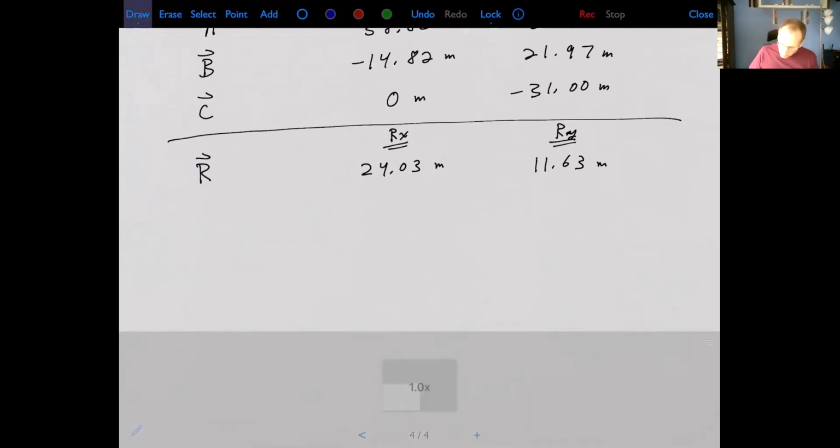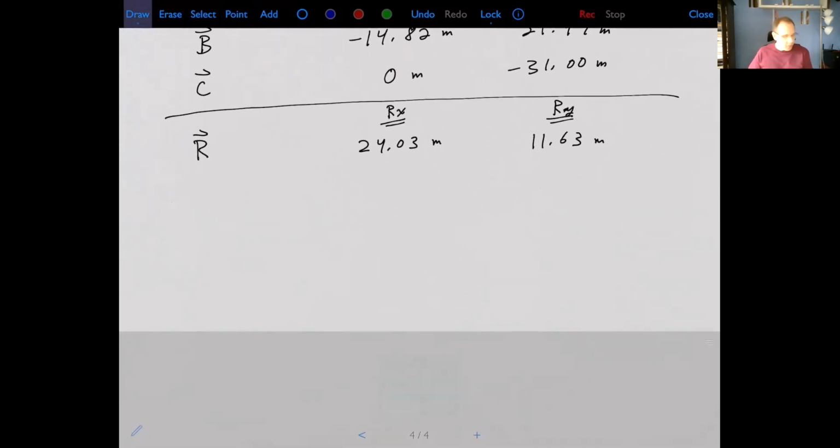Okay. Now, ultimately, so we have our resultant vector and it's in terms of its components, right? Ultimately, what we might want to do is find the magnitude and direction of that resultant vector. So what I do now is I usually draw out the resultant vector. So it has an x component of 24.03, right?